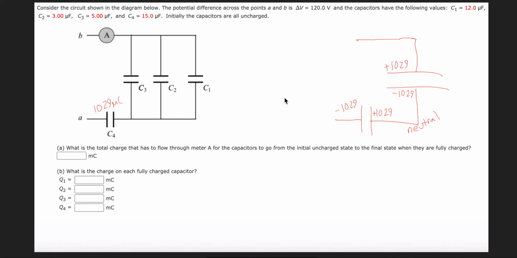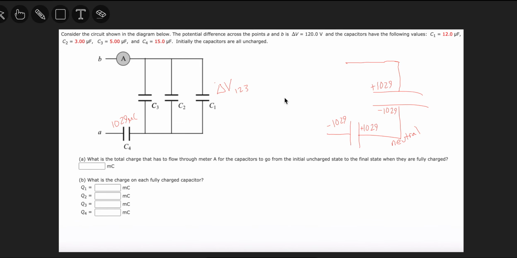All right, so in order to figure out how much charge goes on each of those, you need to know the delta V of these guys, and you have to know the delta V of that guy. So in order to find delta V of capacitor 4, what I would do is take his charge and also take his capacitance, and from those two things, we can now apply the rule C4 equals Q4 over delta V4.